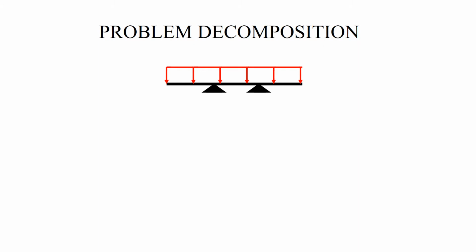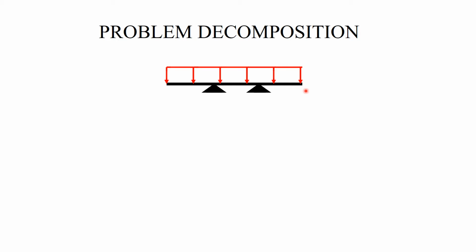So we approach this problem by simply observing that the midspan is a simply supported beam, but the two overhangs kind of prevent us from using the tables directly.